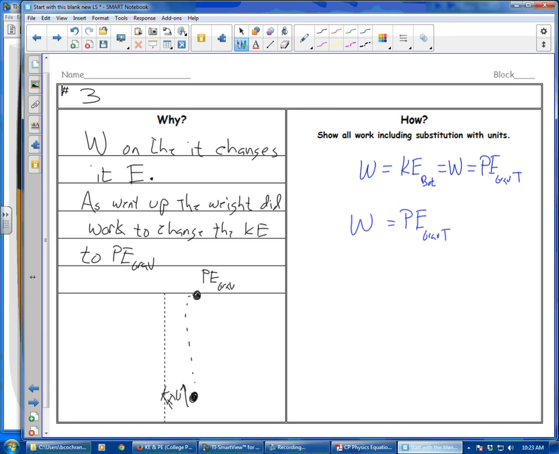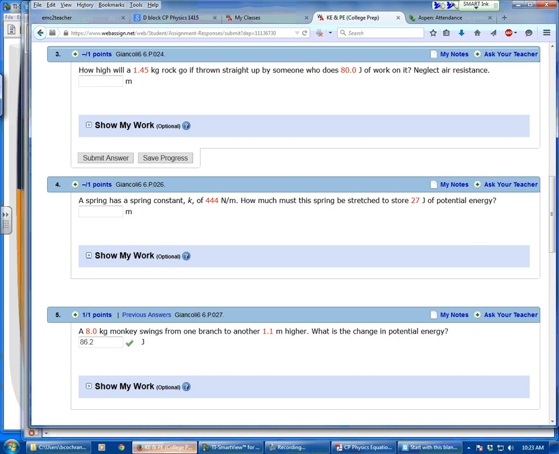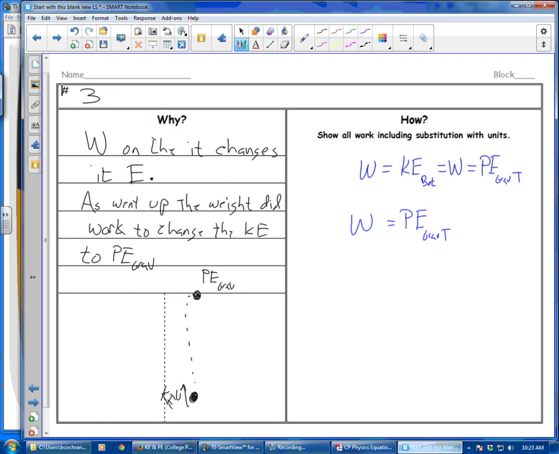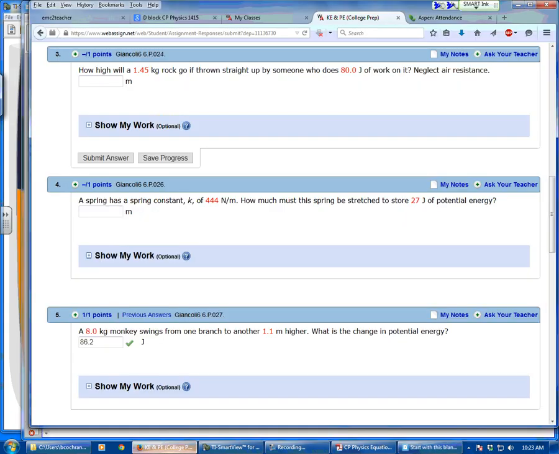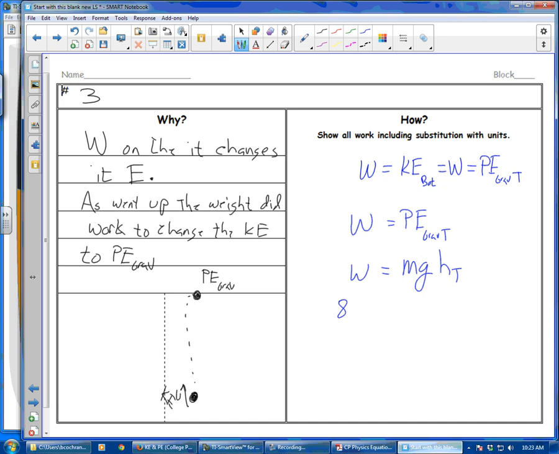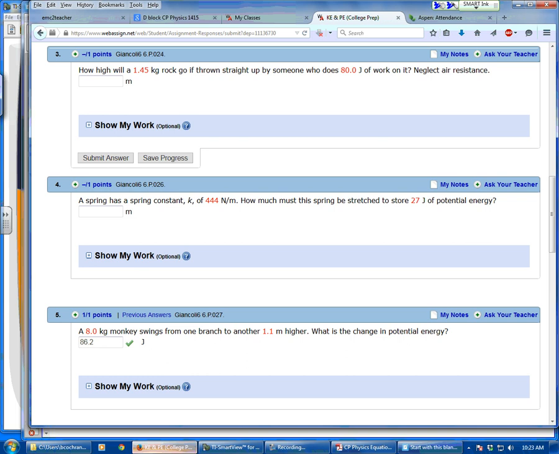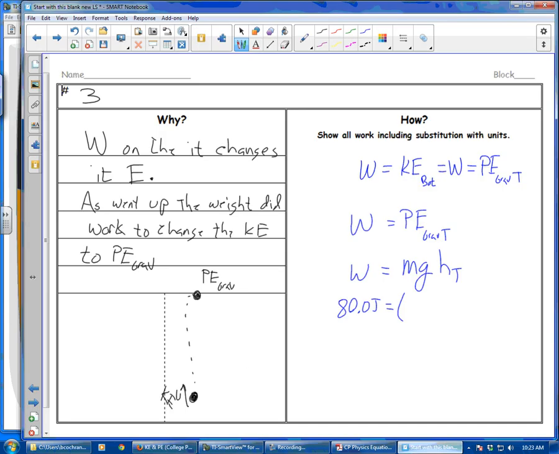And I believe I'm told the amount of work that's done on it, right? Yeah. So I know that. I know my PE gravitational at the top would be the weight of this rock times the height at the top. Now let's substitute in. 80 joules. The mass, 1.45 kilograms.